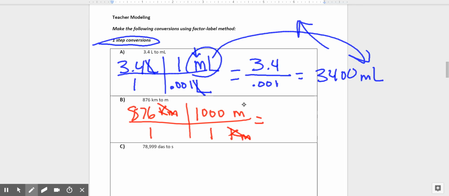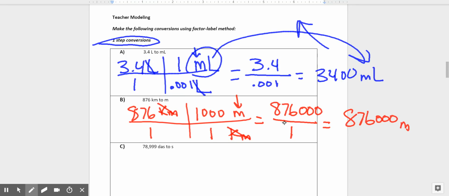We're now in units of meters. Multiply across the top and the bottom to get a new fraction. 876 times 1,000 is 876,000. And on the bottom, 1 times 1 is 1. And finally, our answer is 876,000 meters.